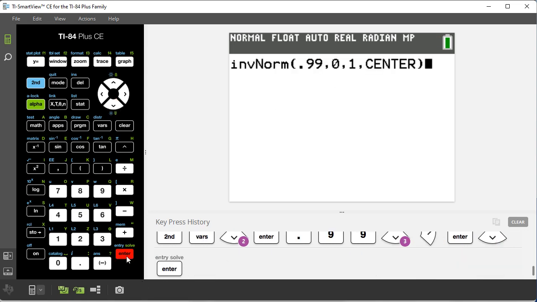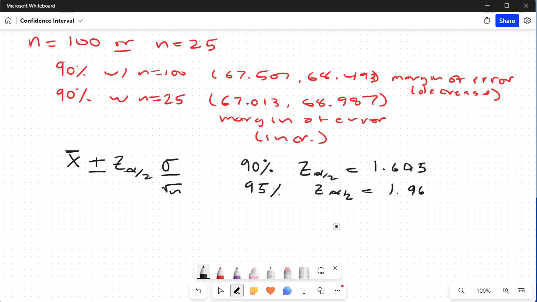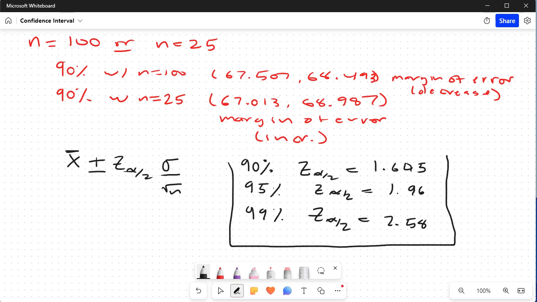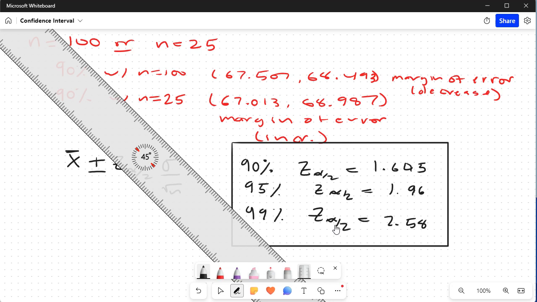Hitting enter, we get that the value that gives us 99% confidence is 2.58. So for that, we can just put the 99% confidence for this one. And mind you, you would know that alpha is 0.01 divided by 2, which in any case will give you 2.58.